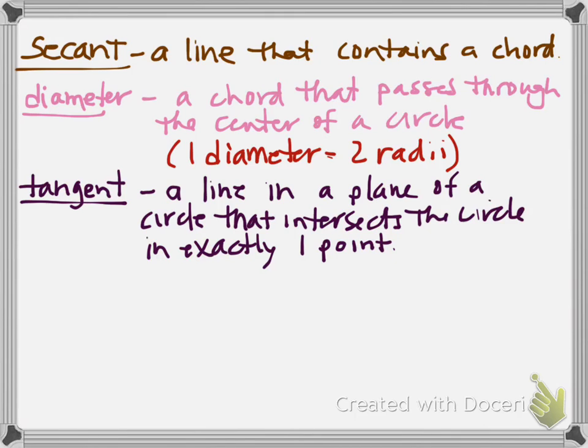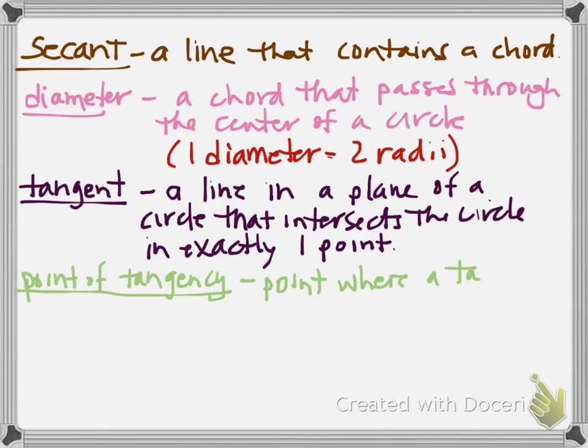You'll never guess what it's called. The point of tangency. I swear they come up with the most innovative things sometimes. So the point of tangency is the point where a tangent intersects a circle. Point. Singular. Okay? All right.